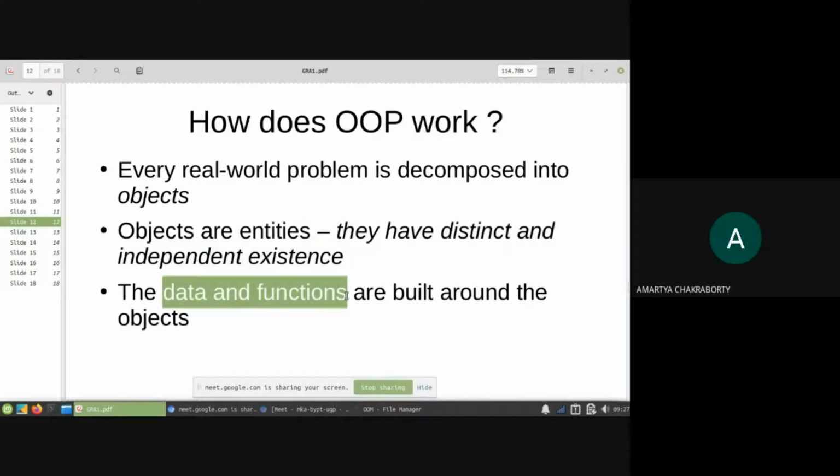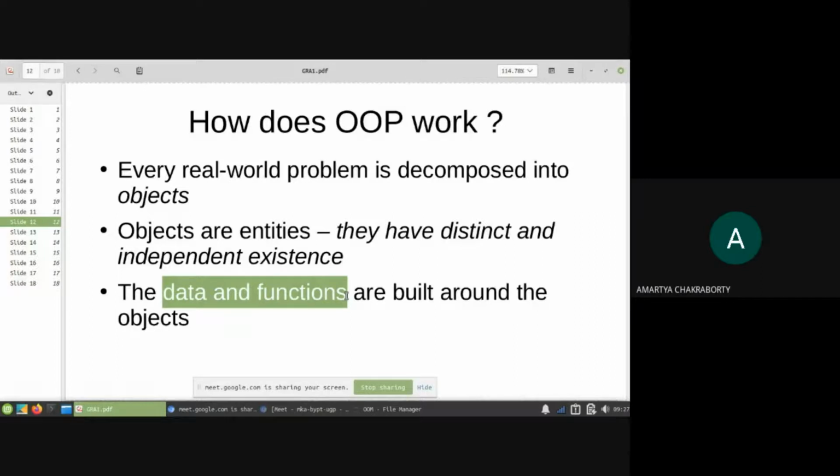So each object has its own related data, some values that it can deal with, and some particular functions which help us understand how the object works. In the previous case of procedure oriented programming, I used the term characterize. So actually these data and functions help me characterize the object.